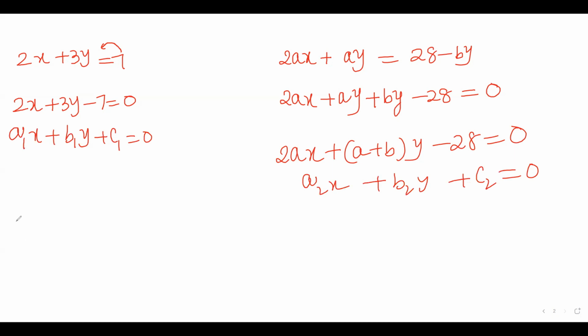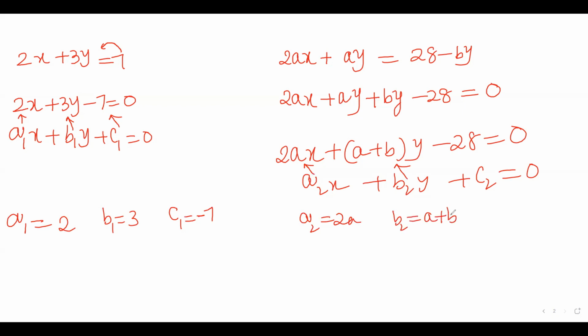What is a1 value? a1 is 2, b1 is 3, c1 is -7, a2 is 2a, b2 is a plus b, c2 is -28.